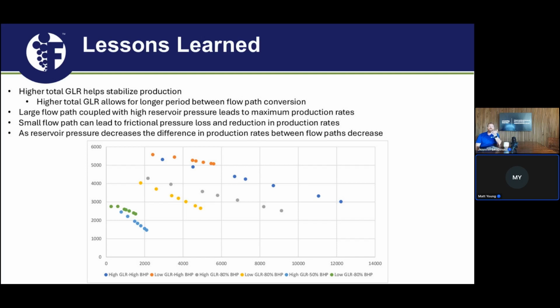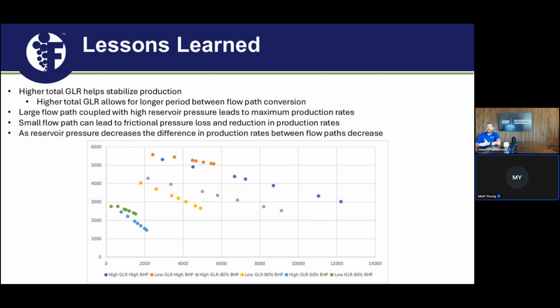And so what we found is that the higher the GLR, the larger the flow area you initially want to start with, and the longer period of time or the greatest range of production rates you can flow the well before needing to convert over to a smaller flow path. Of course, lower GLRs had a negative effect on large flow paths, so really keep that in mind.